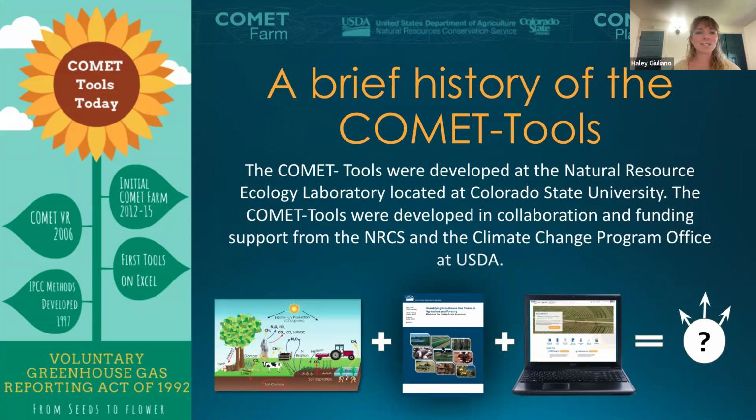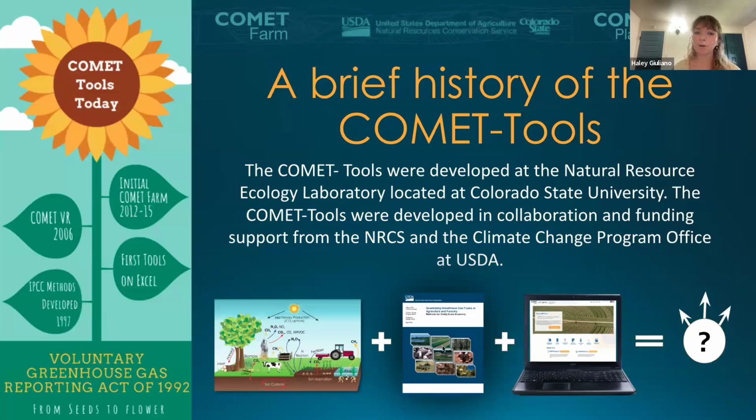And this Blue Book is going to define those equations, the methods, the models underlying all of COMET Farm to quantify and estimate those agricultural related emissions related specifically to conservation practice implementation. And so the COMET tools, first COMET Farm, later COMET Planner, were created in parallel with and as a function of the Blue Book. And so the COMET tools are really an interface for all of these methods.